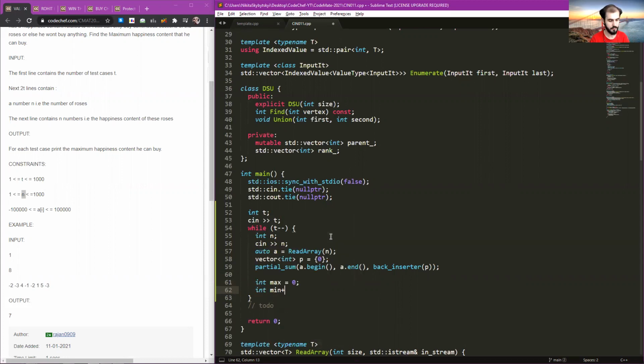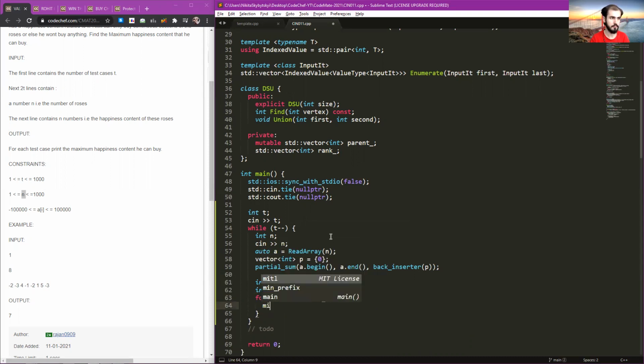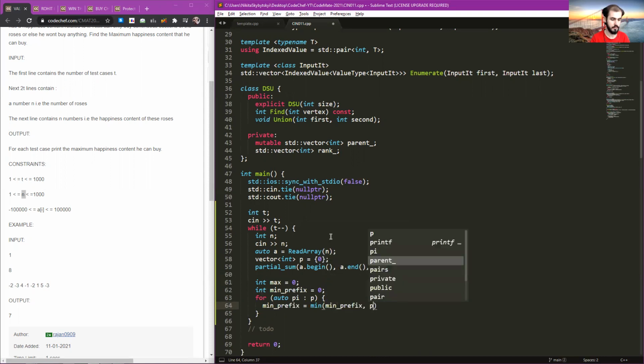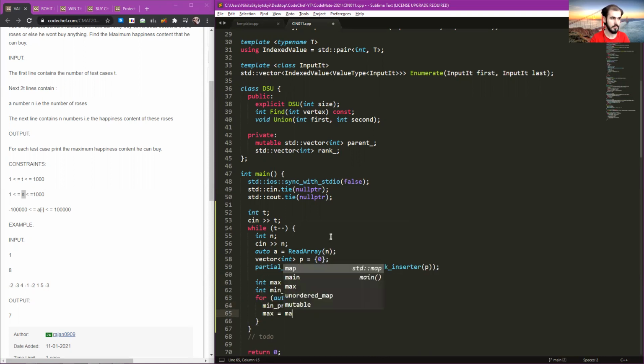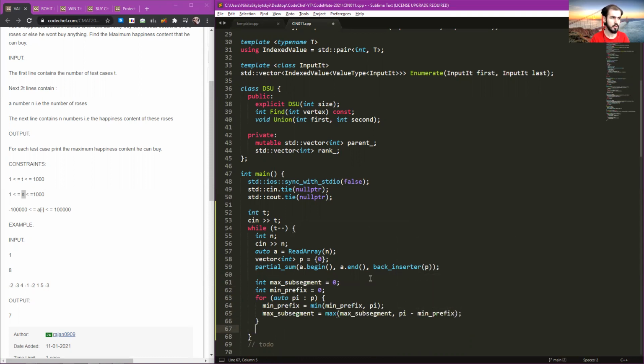Okay. Again, 0 initial. Want to update the min prefix, update the max subsegment. It doesn't matter in which order we update, I believe.